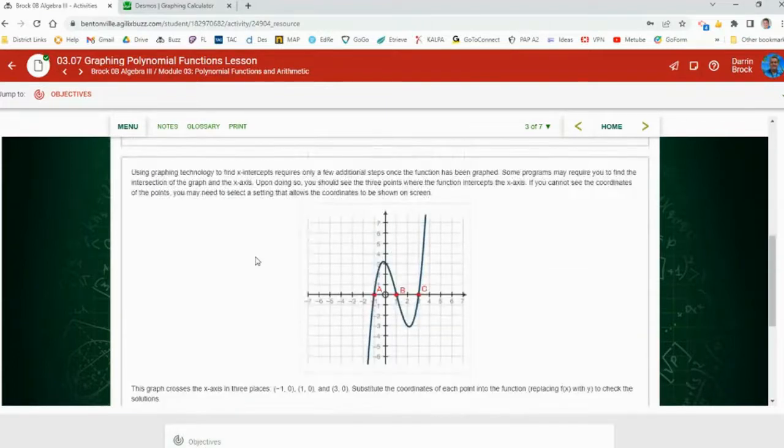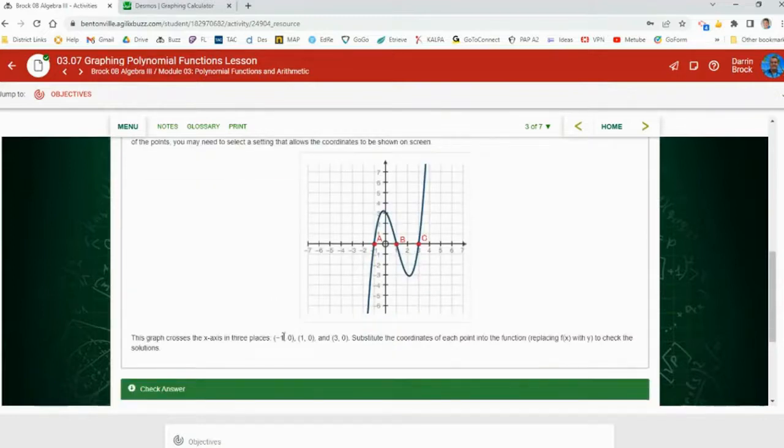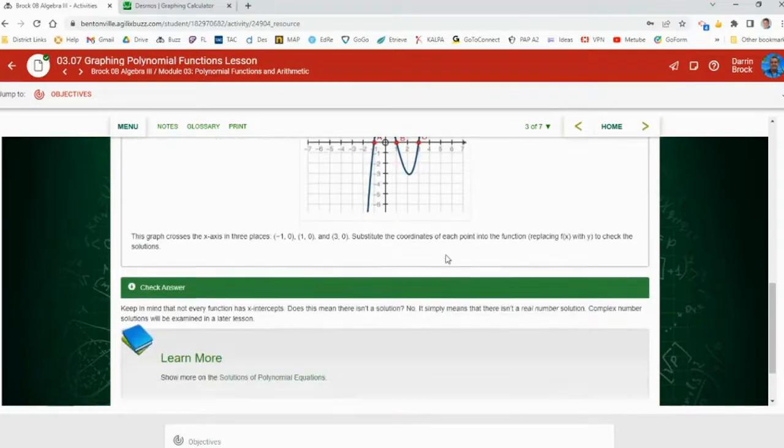That's the same graph. It crosses in 3 places at negative 1, 0, 1, 0, and 3, 0. So that is the 3 zeros. That is the 3 solutions, negative 1, 1, and 3. The 3 x-intercepts, all by graphing.